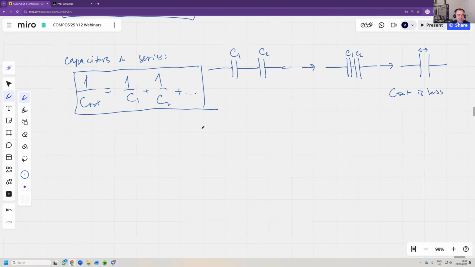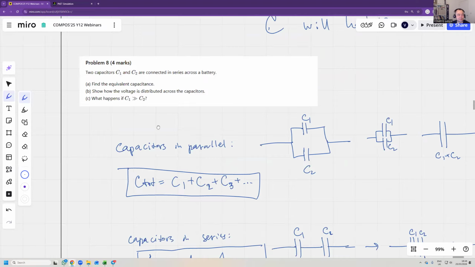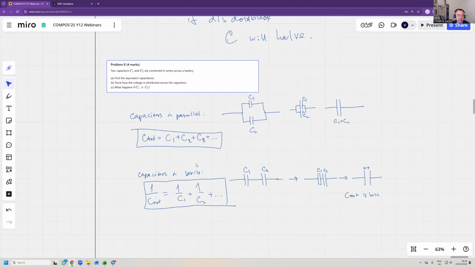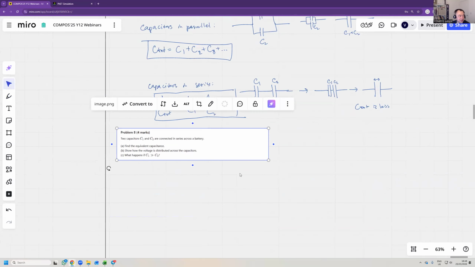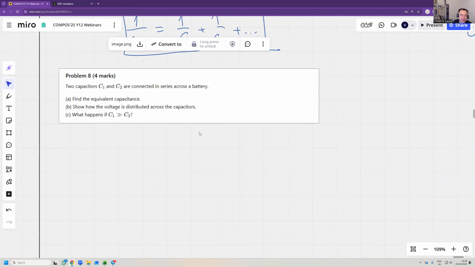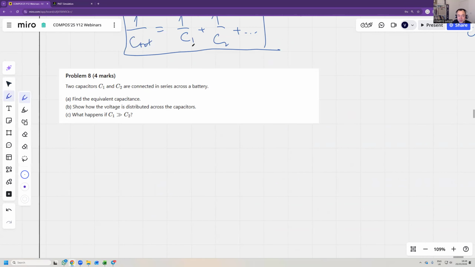Okay, so where's the question? Two capacitors are connected in series across a battery. Find the equivalent capacitance. Well, we've done that. We saw that.